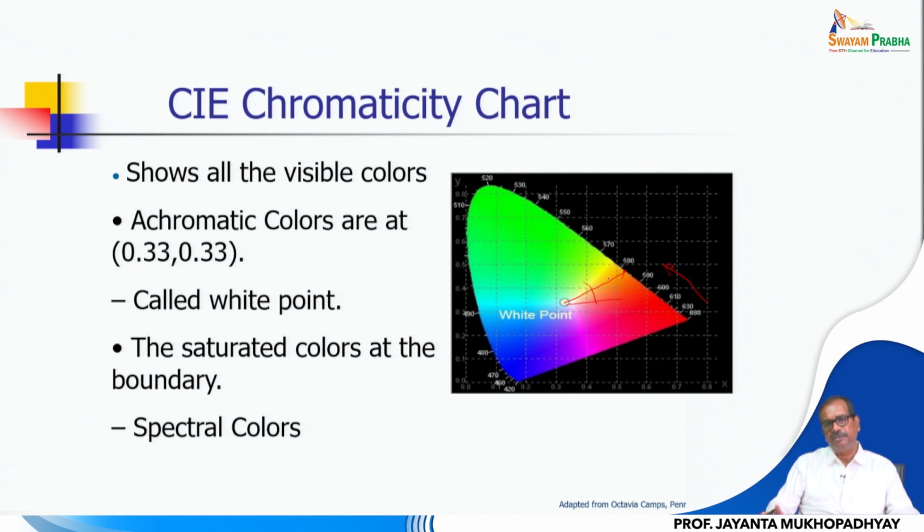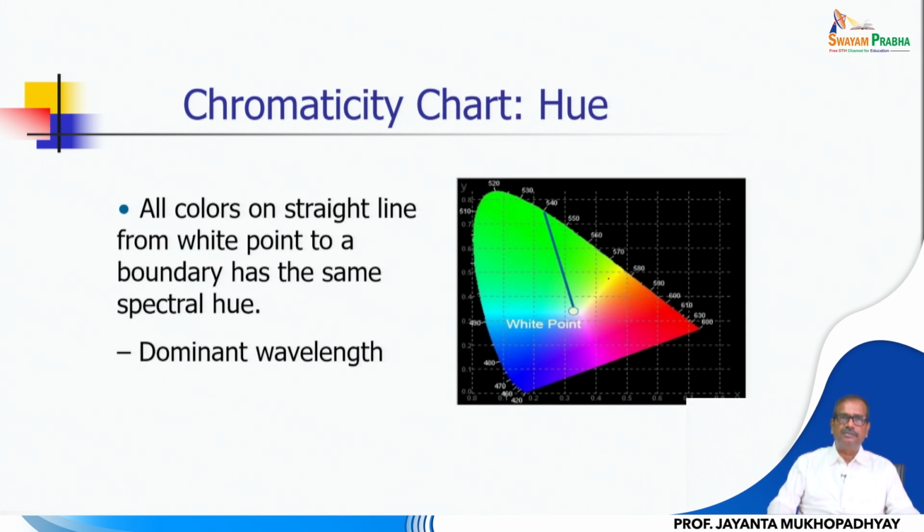So hue is attributed to the property by which these electromagnetic wave sensations are distinct. That is the color sensation. And saturation is how pure the color is. So this is what I mean. Hue can be shown by a simple model by some angle.